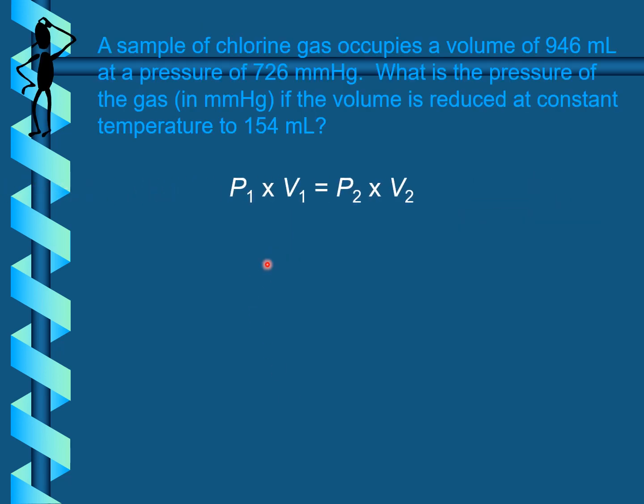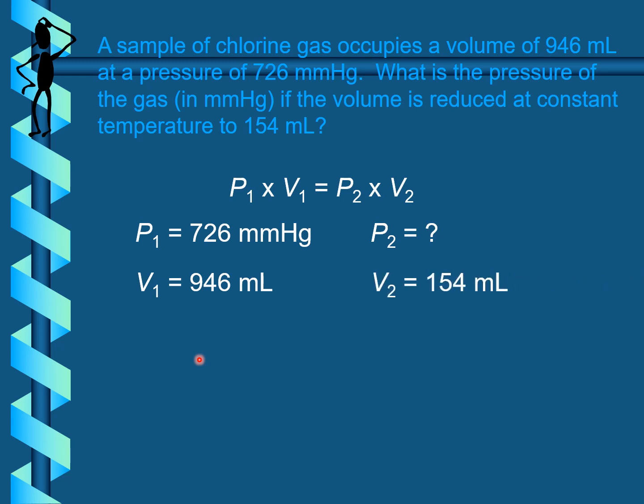So we use the equation pressure 1 multiplied by volume 1 is equal to pressure 2 multiplied by volume 2. We are given pressure 1 to be 726 millimeters mercury and a volume of 946 ml. We are asked to compute for the final pressure if the volume is 154 ml.